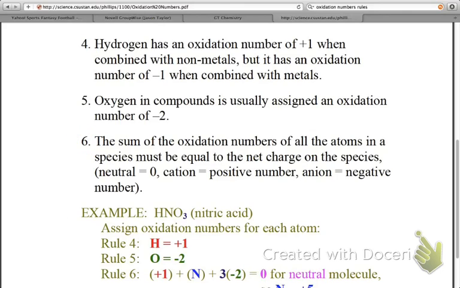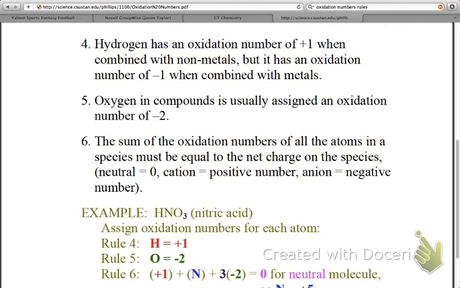Another example, something very simple, calcium oxide. This is a neutral compound. Its total charge is 0. So oxygen has an oxidation number of -2, so calcium has to be +2 because those two numbers have to cancel in a neutral compound.